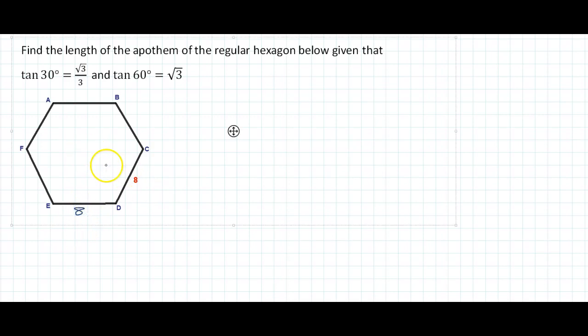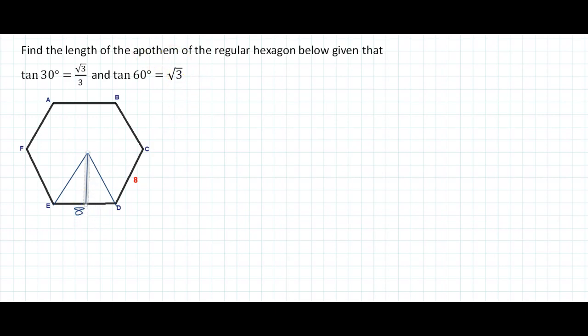So we're going to make an assumption: this is our center right here, and then we're going to draw some lines. Let's draw a line from here to here, and another line from here all the way here. And then we're going to draw our apothem, which is the line from the center down here.